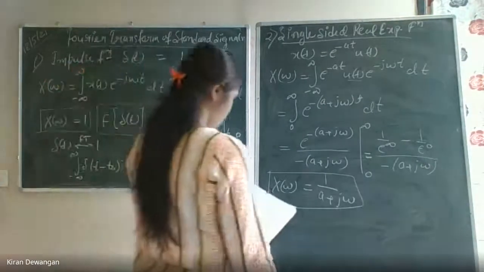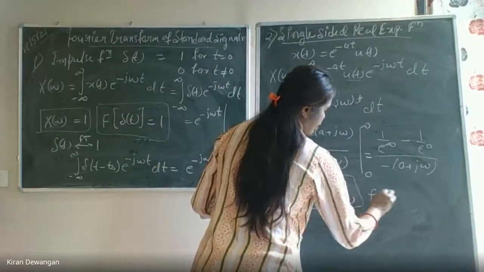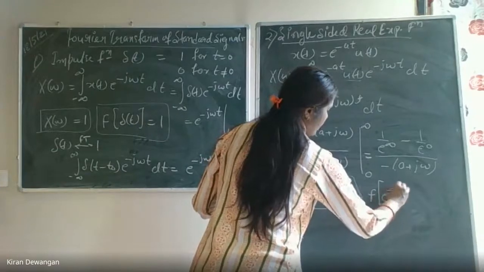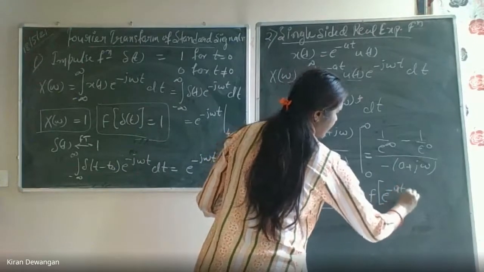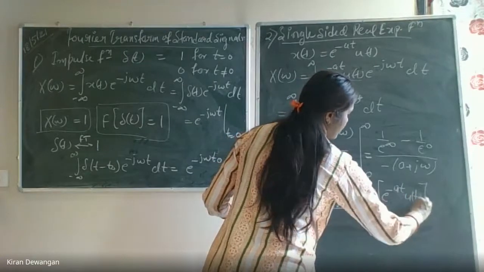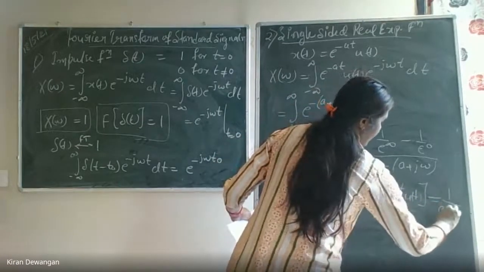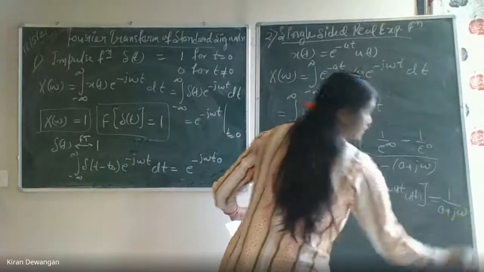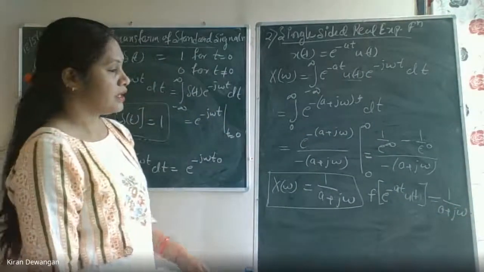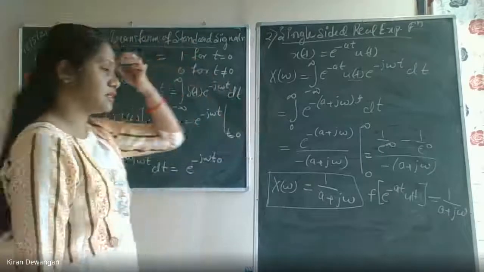Correct. So we can write that the Fourier transform of e to the power minus at into ut is 1 by a plus j omega. ठीक है, it is 1 by a plus j omega.